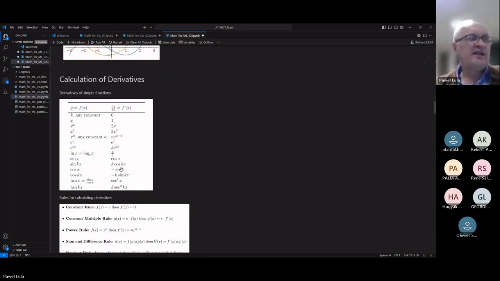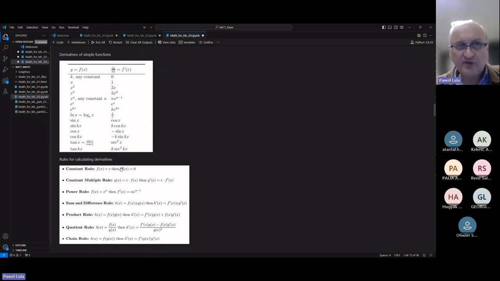And I try to find some rules which we can use when we want to calculate derivatives manually. The main rules are here. Here we see a definition of our function, and here we have the function describing the derivatives for these functions which we have on the left side.